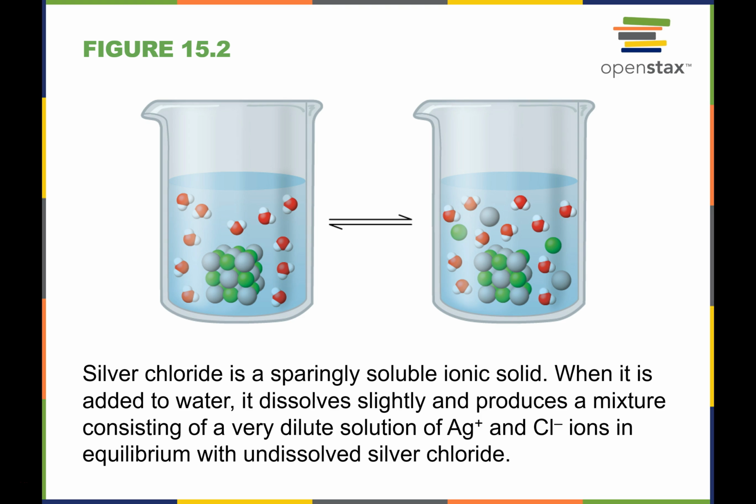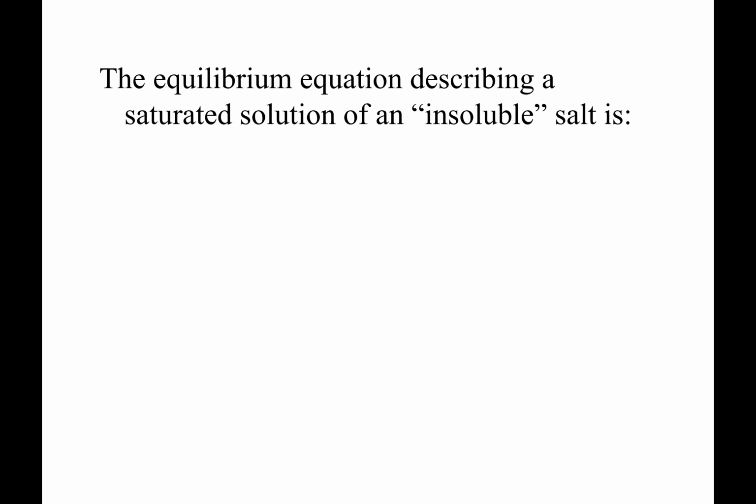Now it's an equilibrium, it's dynamic, so some of these cations and anions might find their way back to the crystalline lattice structure and new ones kick off. So at equilibrium, you have just the right amount, according to the equilibrium constant expression, of your cation and anion floating around in there.